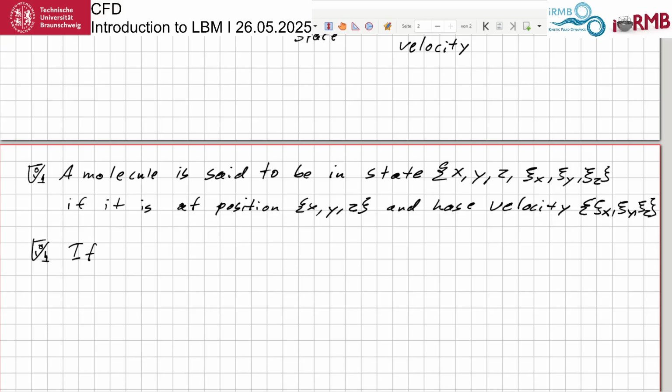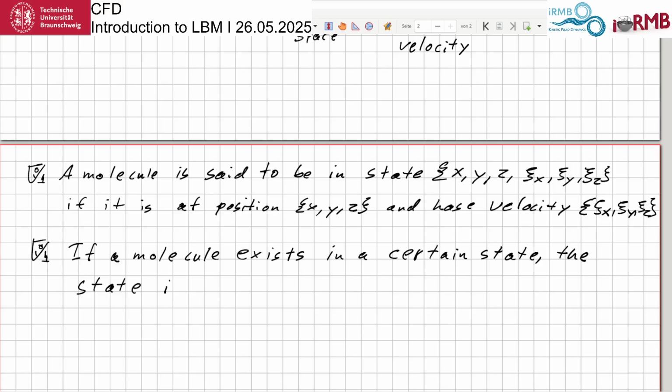Now this is kind of a little bit of nomenclature. If a molecule exists in a certain state, the state is said to be occupied.